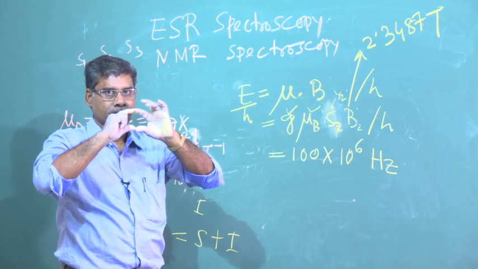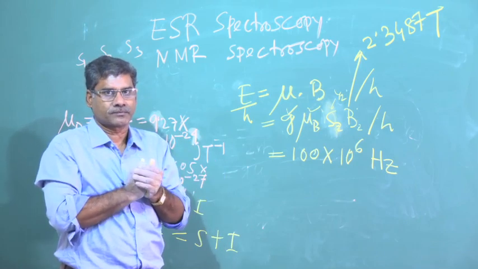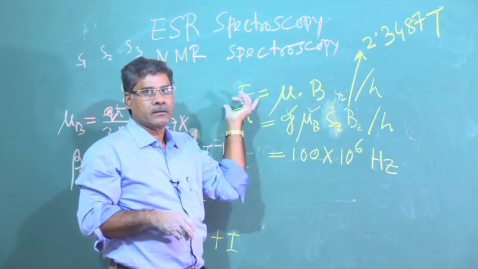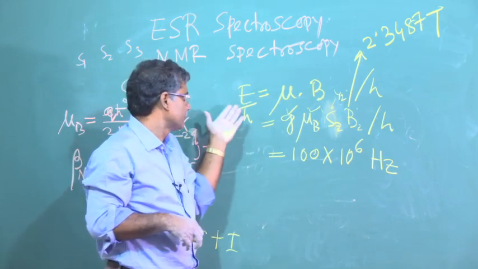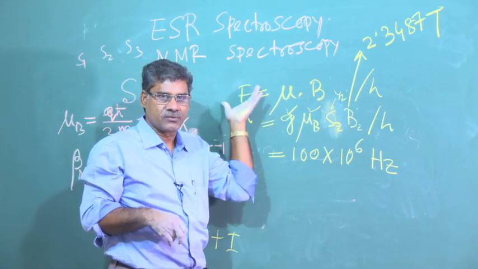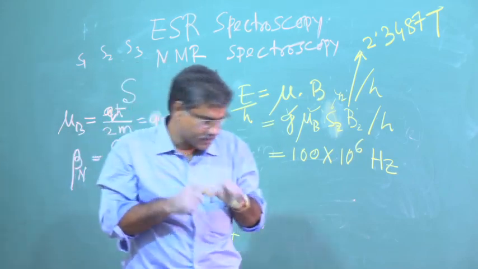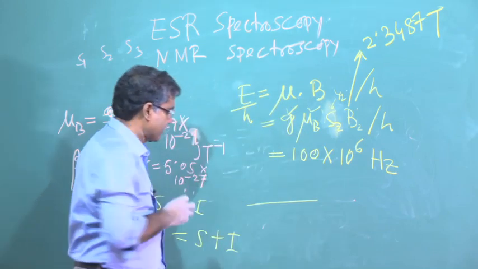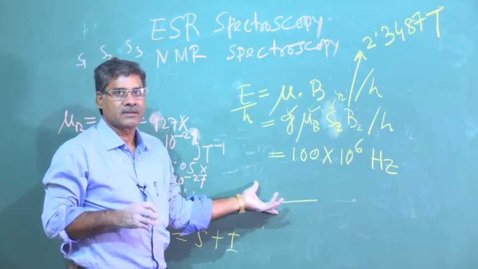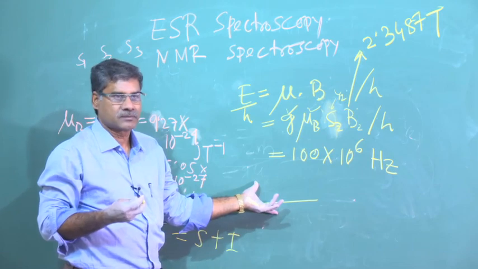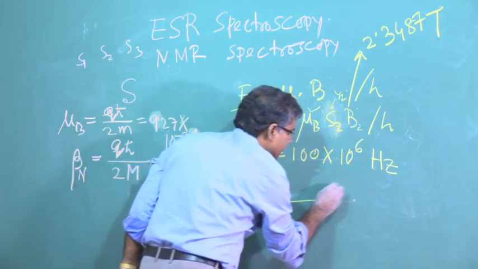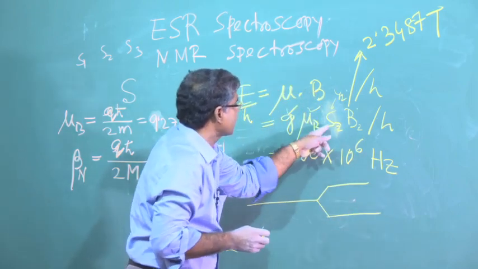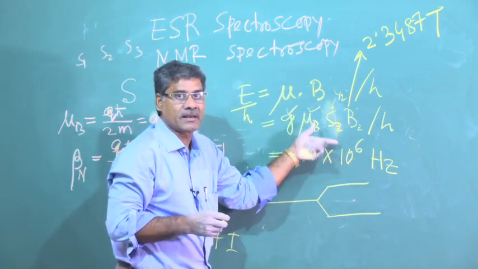then what will happen? Then there will be a change, there will be a magnetic interaction. So, you remember, before applying the magnetic field this is the level, and if I apply the magnetic field, this will be split into 2 because of Sz, plus half and minus half.